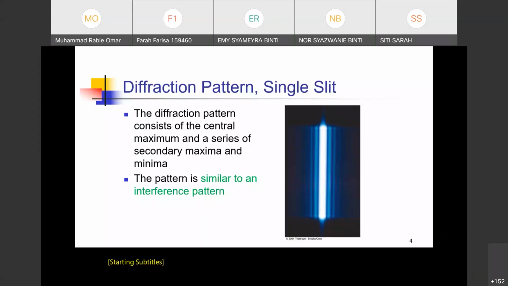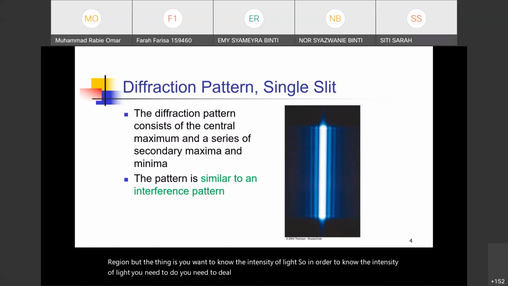For example, if I want to know the intensity of light over here or over here or over here or here at the dark region. The thing is, in order to know the intensity of light, you need to deal with the calculus.